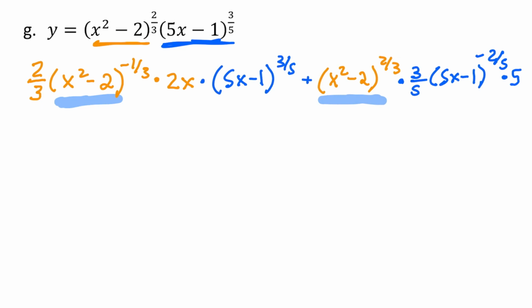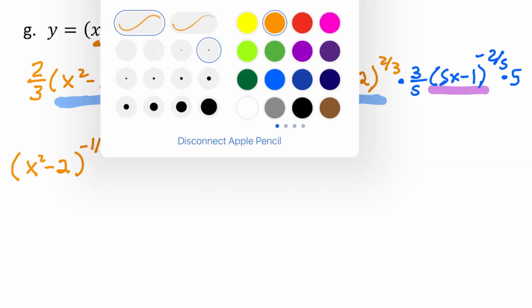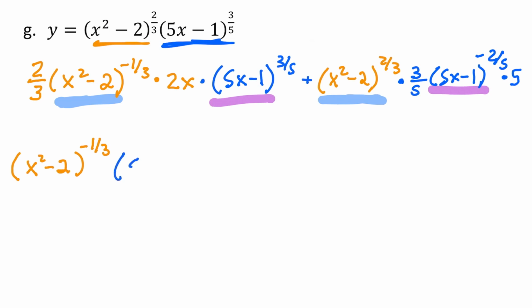Now if you look, I have some common factors. They both have a group of x squared minus 2. What I'm going to factor out is the smaller amount of factors, which is my negative 1/3 power, because negative 1/3 is less than positive 2/3. I'm also going to factor out a 5x minus 1 to the negative 2/5, because again, that's my smaller exponent.